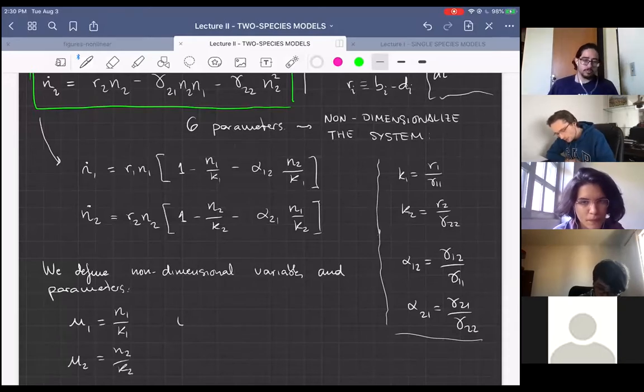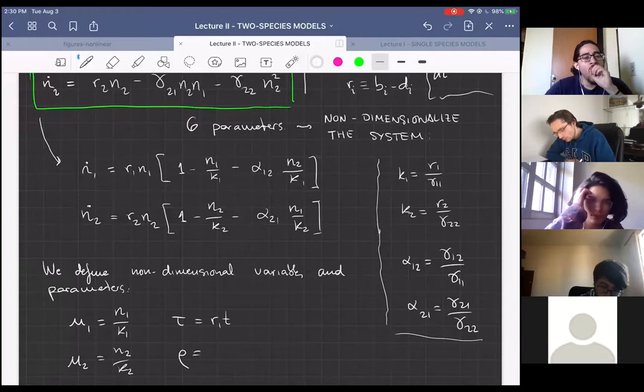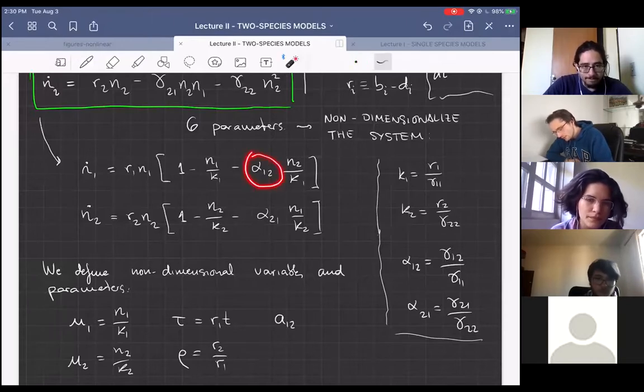I'm going to define a non-dimensional time that is going to be R1 times the dimensional time. Remember that R1 has units of the inverse of time. I'm going to define a non-dimensional rho that is going to be the ratio between R2 and R1. And finally, I'm going to define a cross-species non-dimensional interaction strength that is going to be the non-dimensional version of this alpha 1,2 and alpha 2,1.